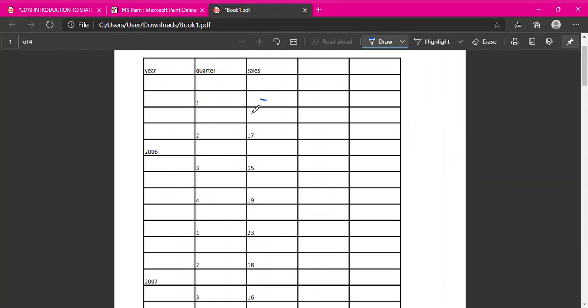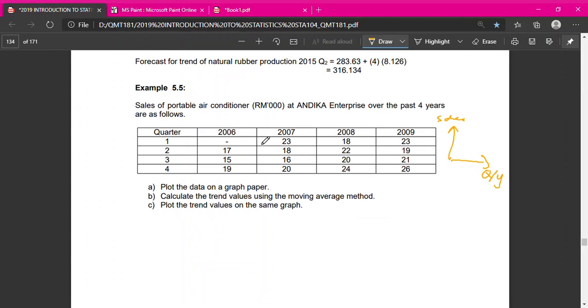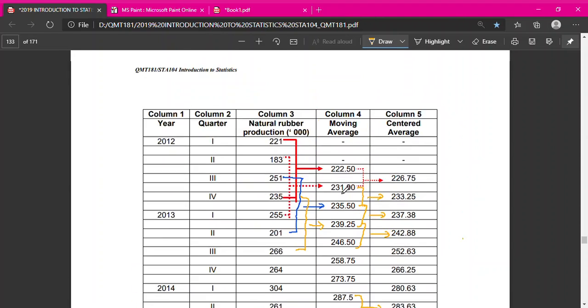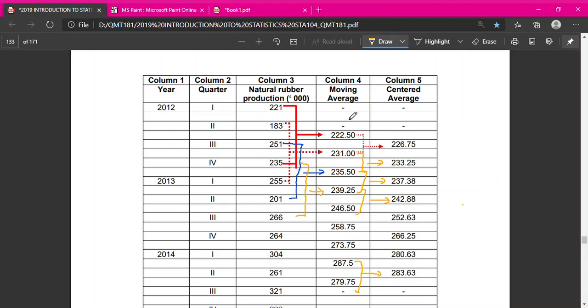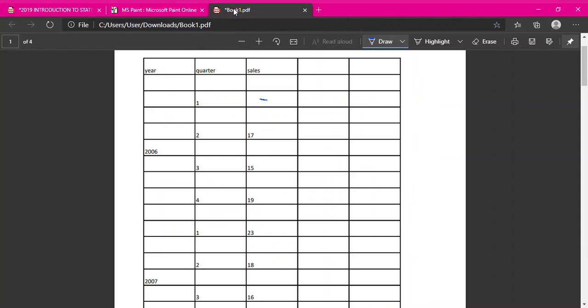So, next step adalah find the moving average. Okay, yang ni kita nak kira yang ni. Nak buat yang ni. Okay, moving average. First step. And then second step baru cari centered average. So, kat sini kalian cari moving average.